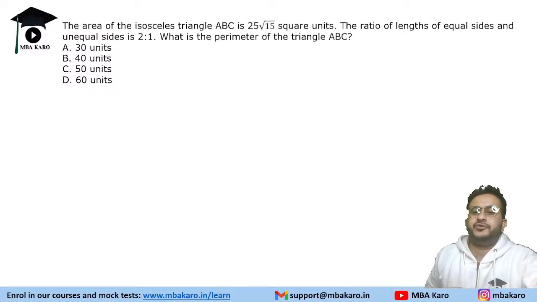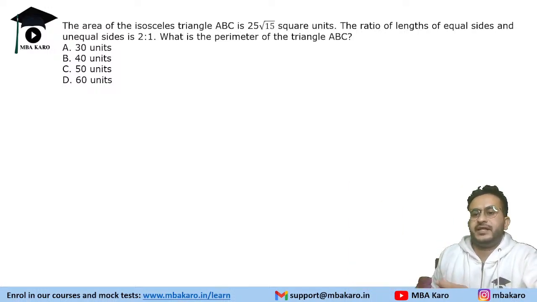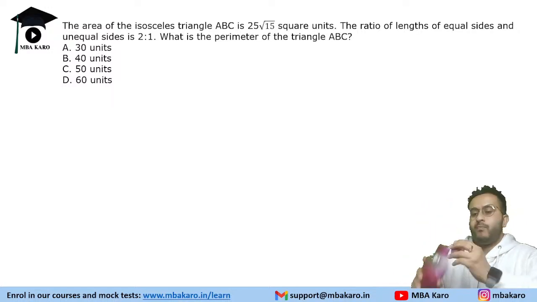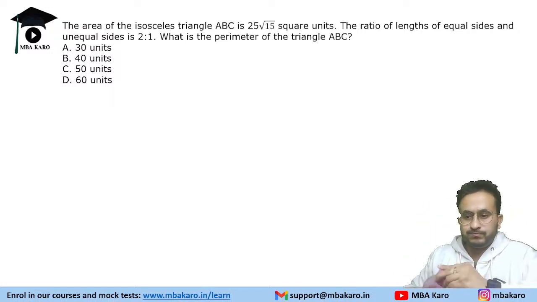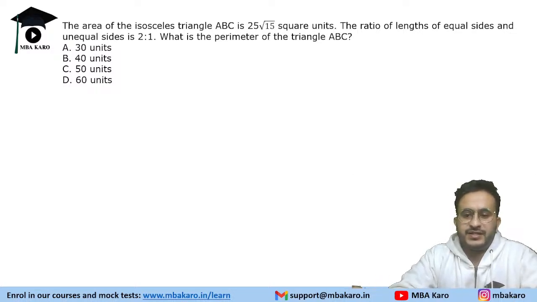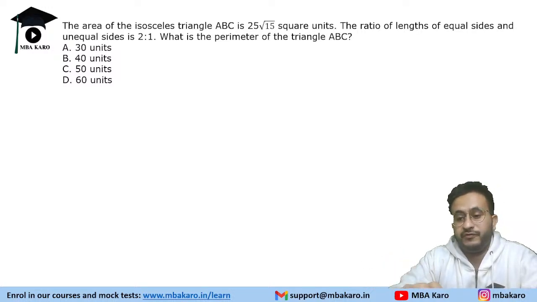As in, it was not in the base. If log x was in the base, then you would not consider negative values. So we are given an isosceles triangle, its area is 25 root 15 and the ratio of lengths of equal sides and unequal side is 2 ratio 1. So we need to find the perimeter of the triangle.